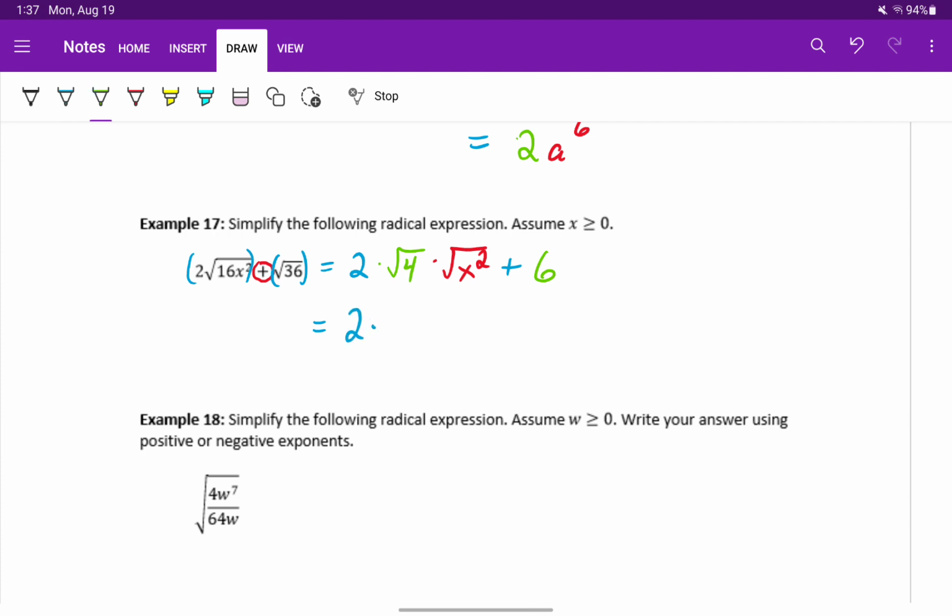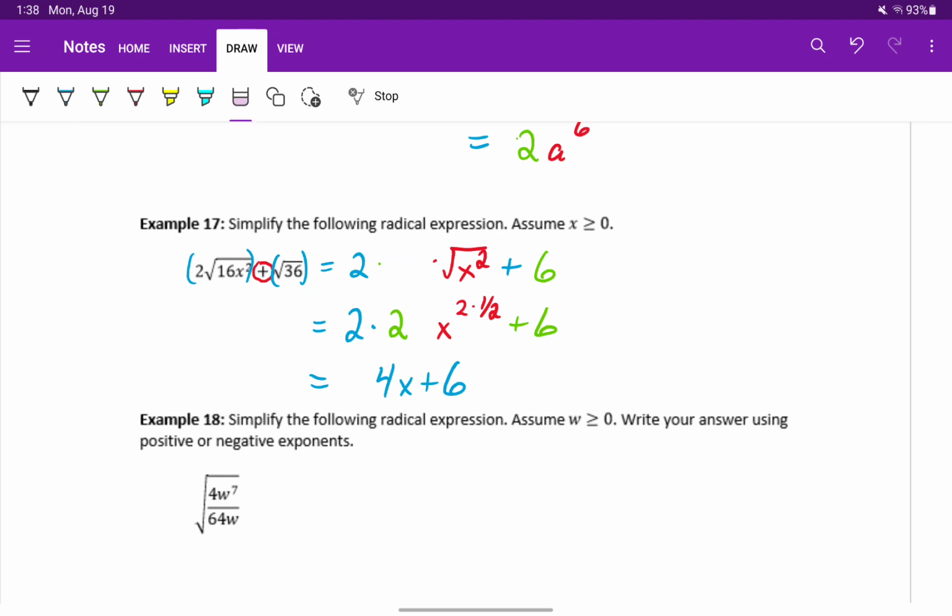Simplifying this will give us 2 times the square root of 4 will be 2. The square root of x squared, which is x squared times 1/2, and still plus 6. Or more simply, we'll get 4 times x plus 6 as our final answer.